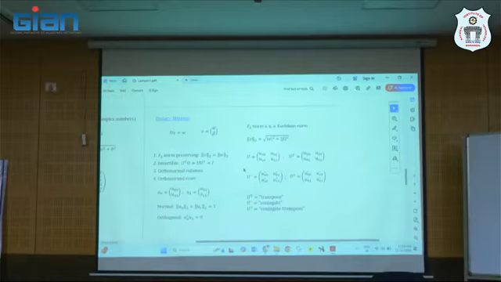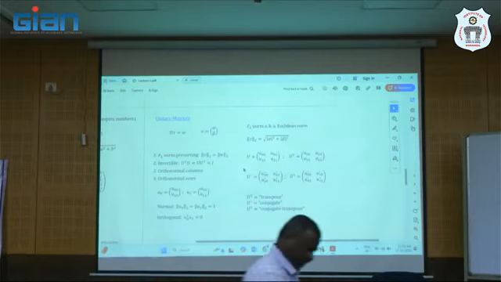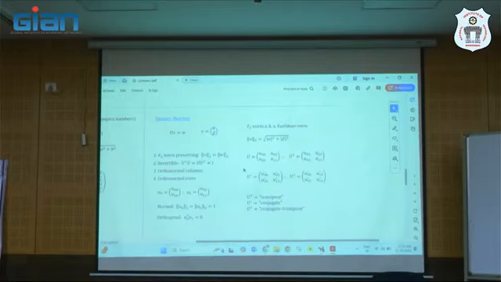So they commute. However, for matrices, if I have a matrix A and matrix B, if I multiply A times B, it need not be the same as B times A. They need not commute. Multiplication need not commute for matrices.